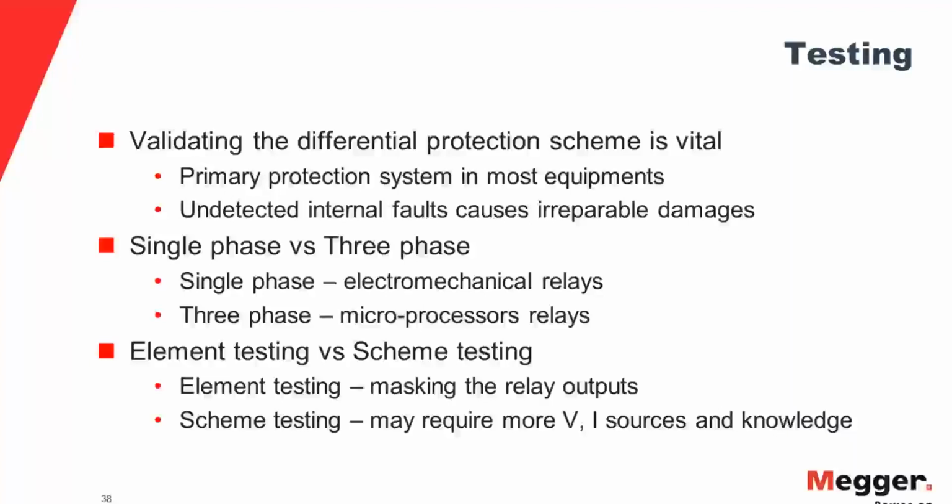I don't have to tell you how much a transformer costs, definitely in the millions of dollars. So you don't want to damage the transformer because of an uncleared fault, even a small magnitude fault. You don't want to do that. So you really need to test the system to make sure the settings are fine.